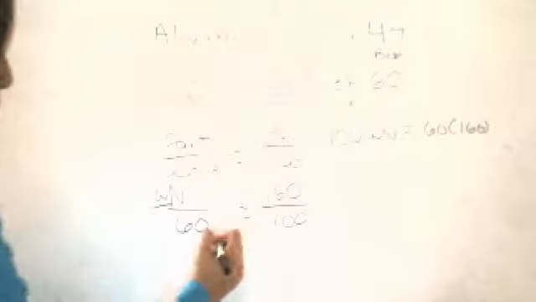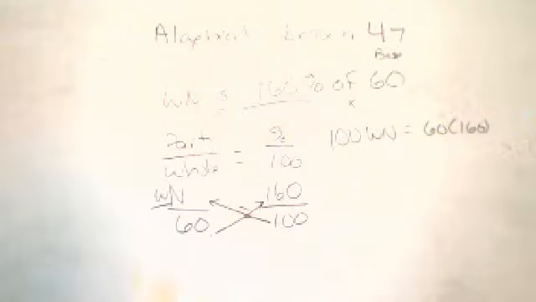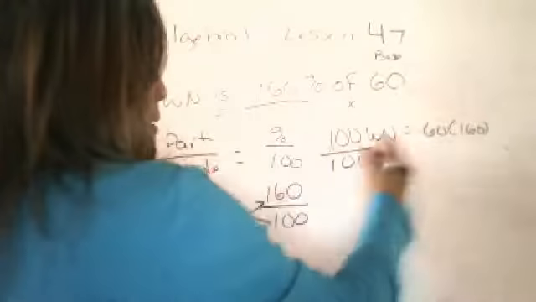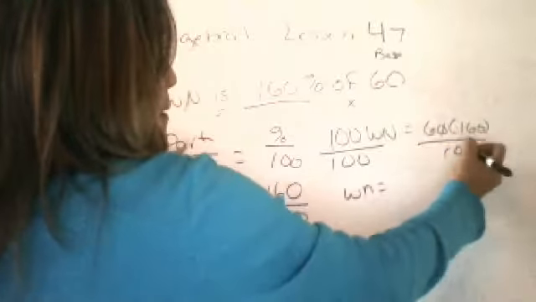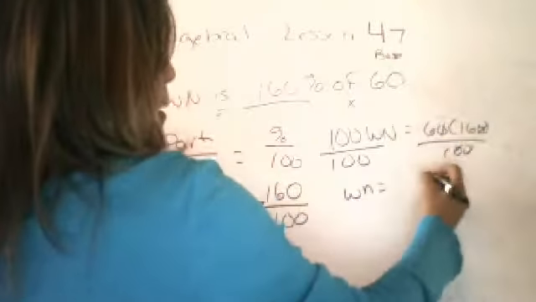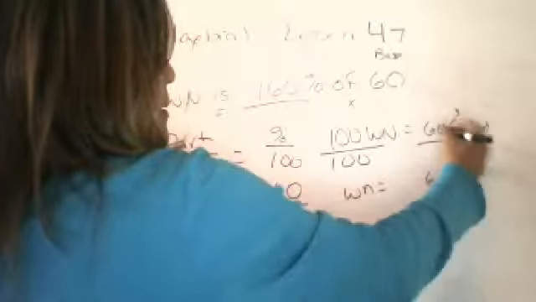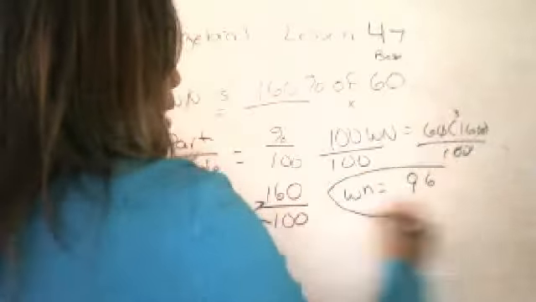What I did is I moved this times that to that side, and this times this. That's what cross multiplication is. Then I simply solve for W_N. 36, 6. I get 96.